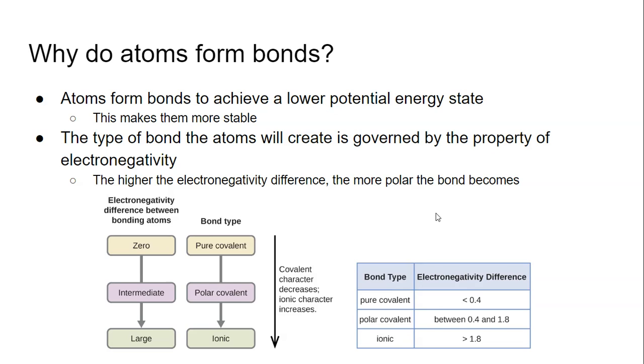And then if there's a large difference in electronegativity, so something bigger than 1.8, it's an ionic bond. One element is going to give up its valence electrons to the other one, and they're both going to ionize and have charges.